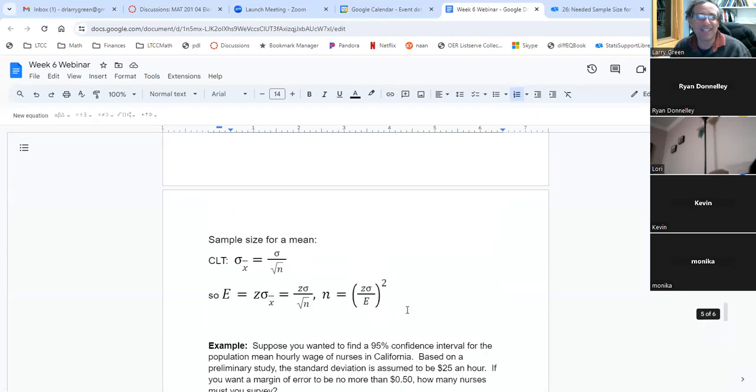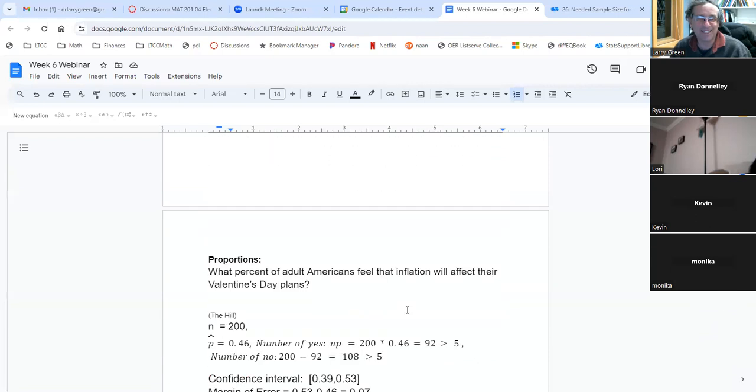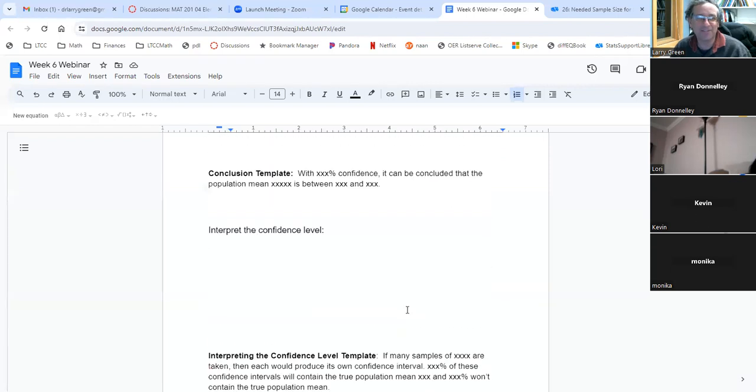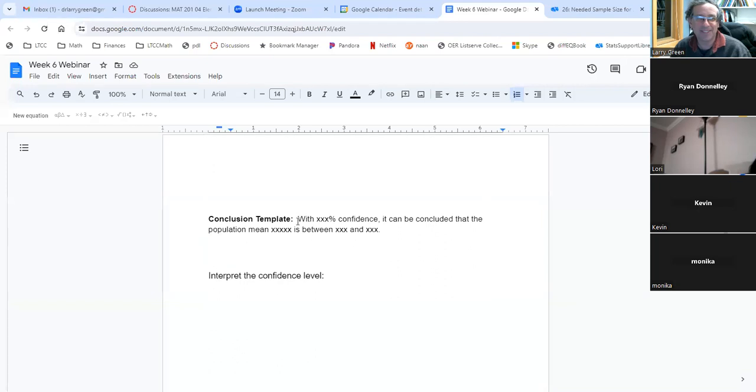Yeah, if you look at the confidence interval stuff, the first word of the conclusion template is with whatever confidence. That's how you start. And sometimes starting is important. If you don't know how to start, you just get stuck and lost and start crying. But if you remember that one word, that can get you going. Does that make sense? So that's a secret word.